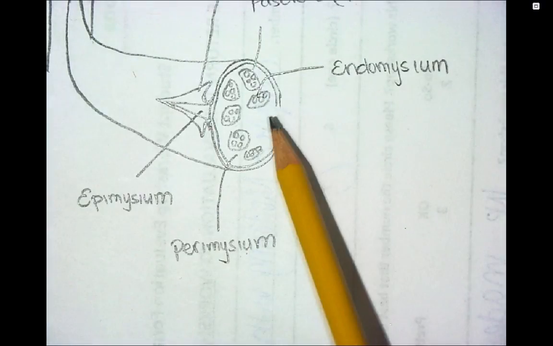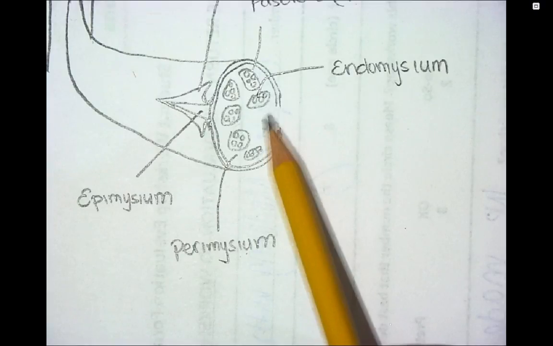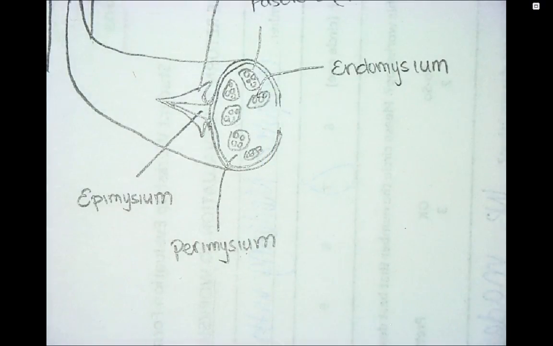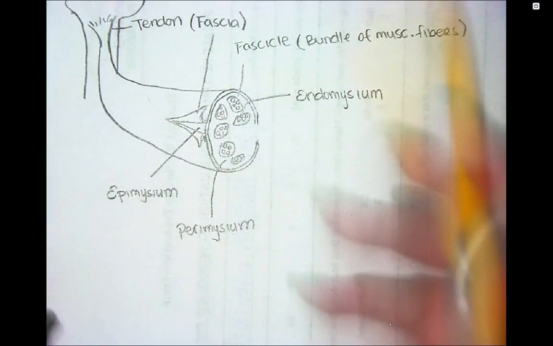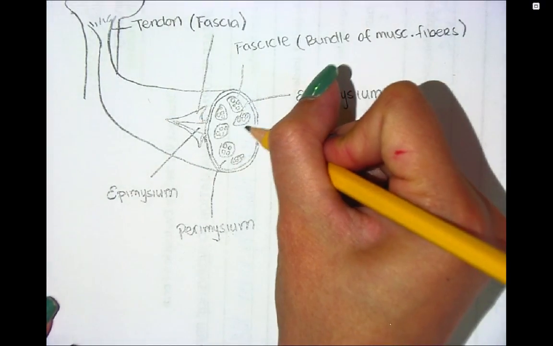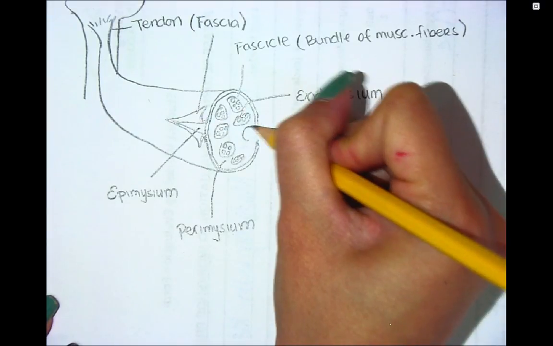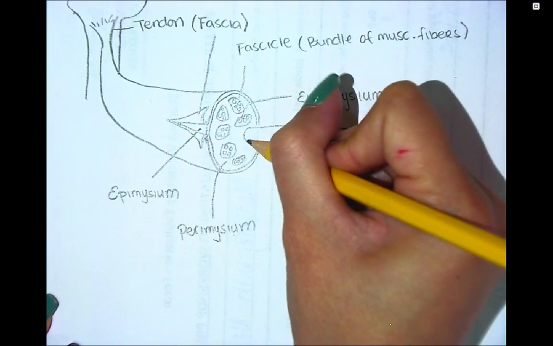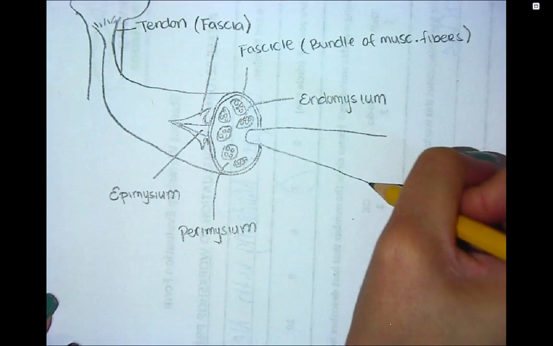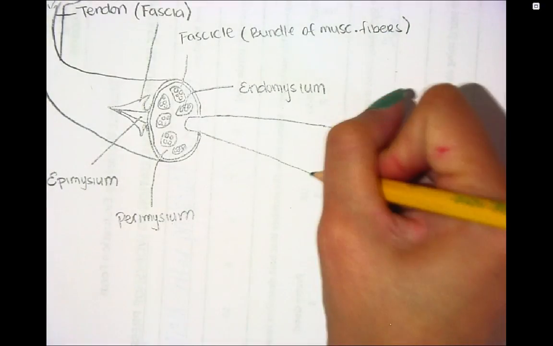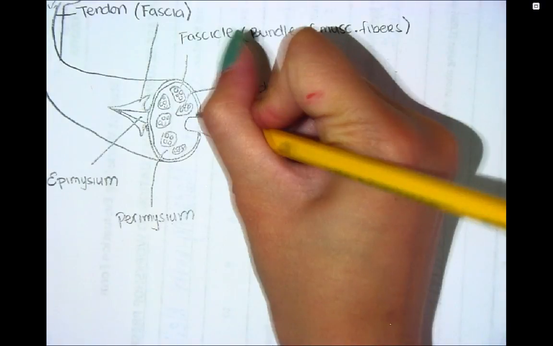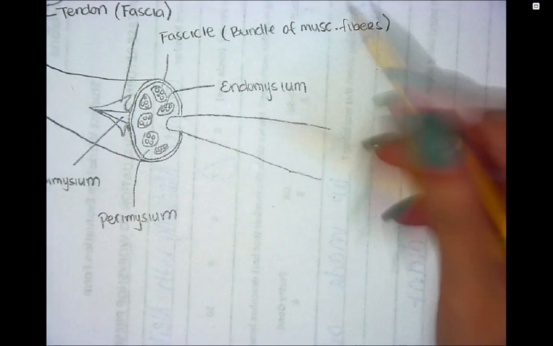So I left a little bit of space because I'm actually going to draw one of the fascicles zoomed in. So we're going to draw one of the fascicles, and we're going to zoom in on it. And we're going to have a cross section of this fascicle.